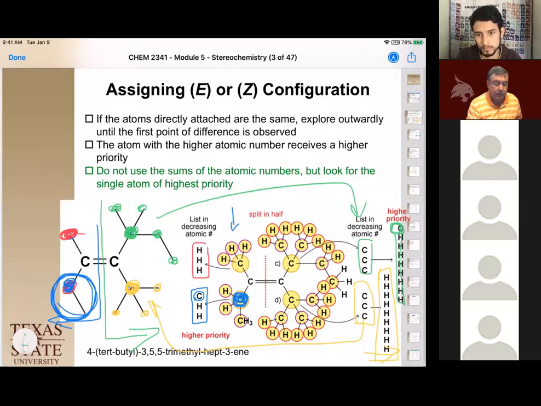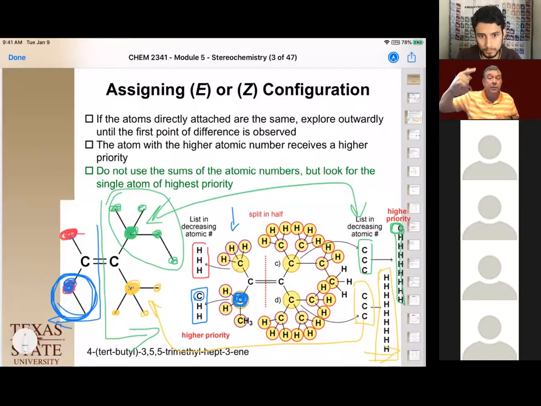So this group is the higher priority because we followed it bond to bond to bond to bond to get it out. The first rule is, if atomic number defines it, you're done. The second rule is, if you have to, keep going out bonds until there's a difference.